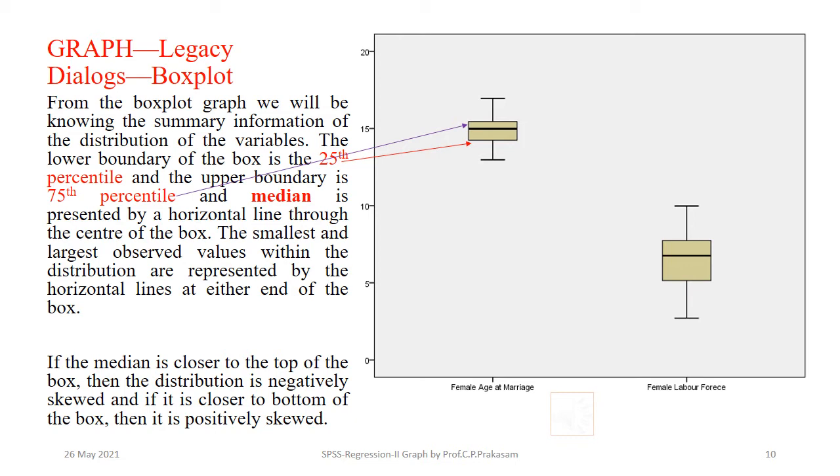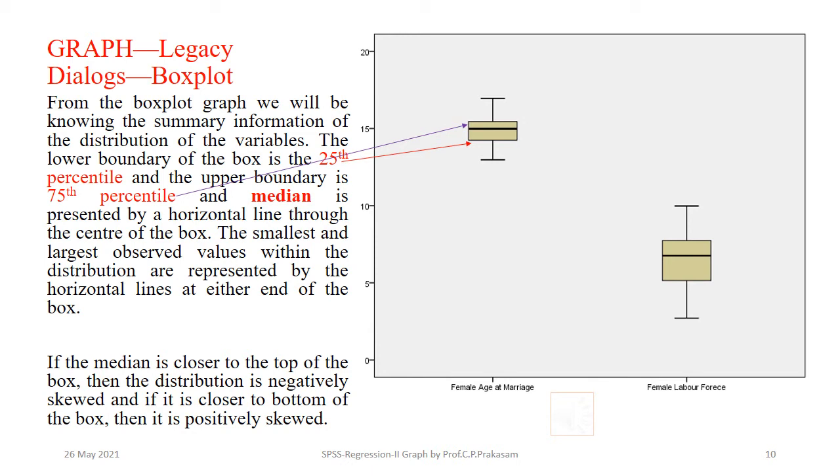The lower boundary of the box is the 25th percentile, and the upper boundary is the 75th percentile. The thick middle line in the box is the median, and the horizontal lines above and below show you the extreme values over which the distribution has been spread.